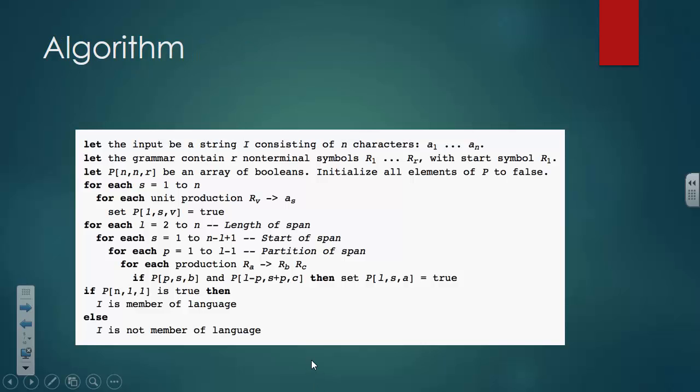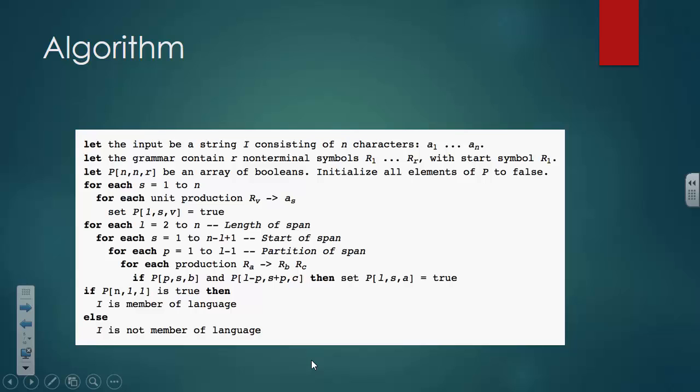So the CYK algorithm is summarized in this way: the user inputs a string to begin with, as well as a grammar, and then the program creates a triangular matrix and looks at every possible substring of the inputted string to see if the production is in the grammar.